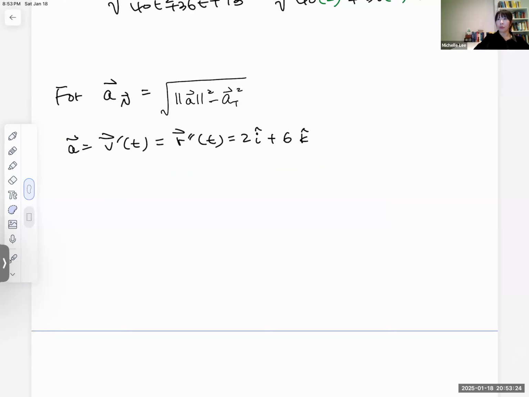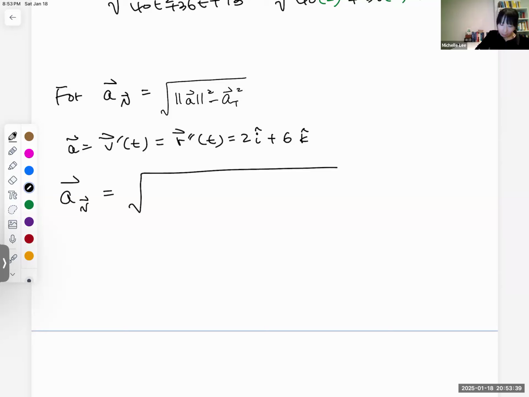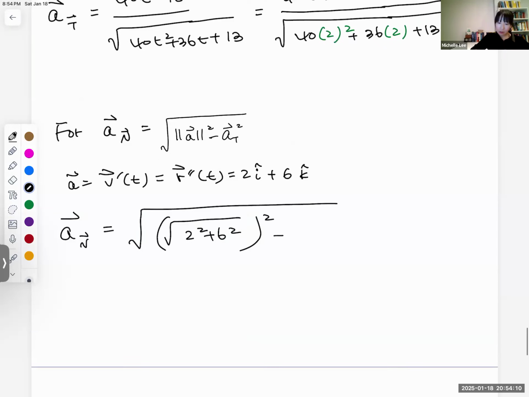Then inside the square root, a sub n equals the square root of the magnitude of a squared, minus the tangential acceleration squared, right? So the magnitude of a squared is 2 squared plus 6 squared, and the square root and square cancel, which is the same as just what's inside.